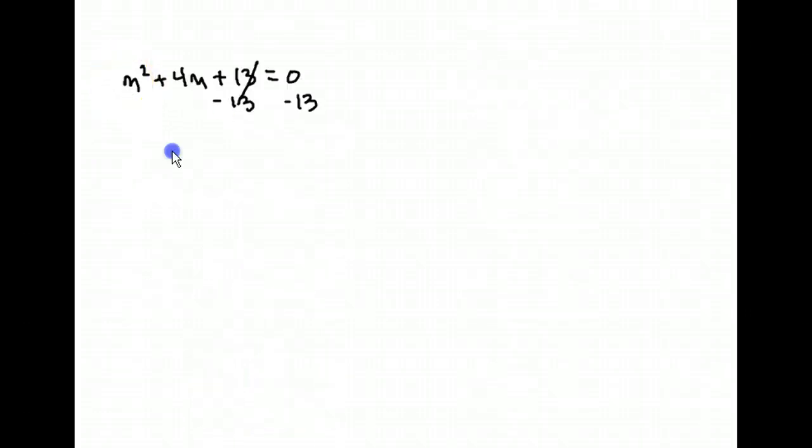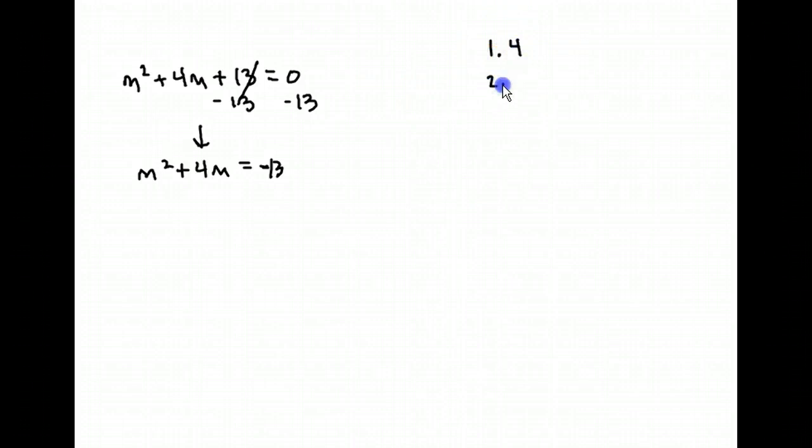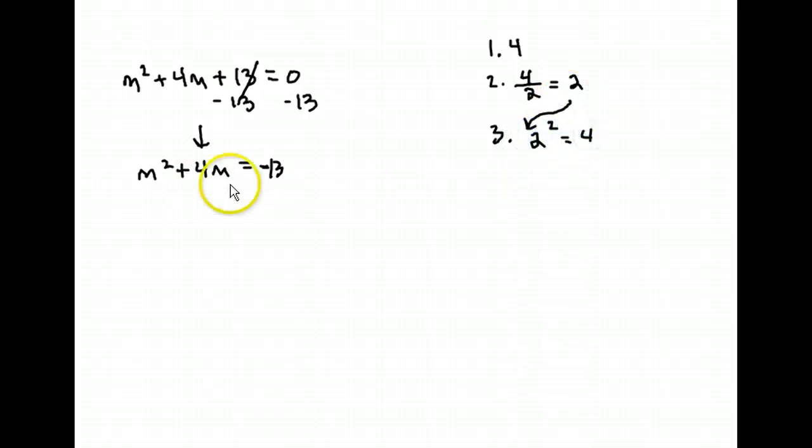So let's try another. We have m squared plus 4m equal negative 13. So what you do first is you take the number connected to m or x, whatever letter you have. That's step 1. Step 2 is you take that number divided by 2, which will give you 2. Step 3 is you take the 2 and you square it, and that's what you'll end up with on both sides.